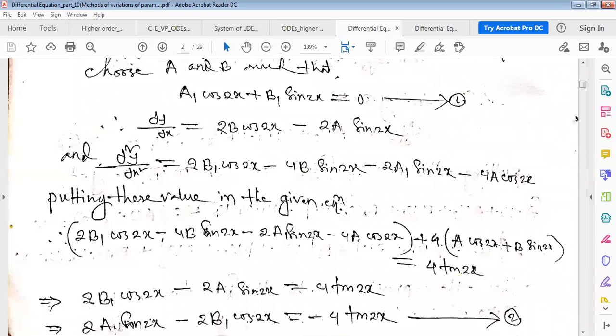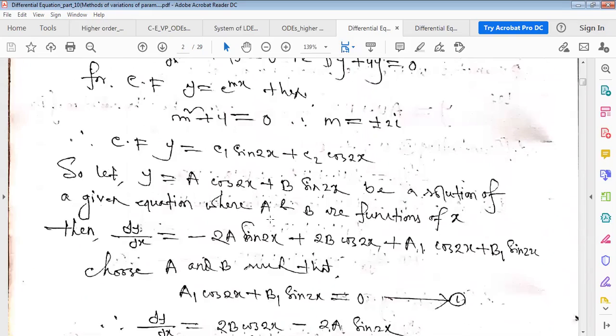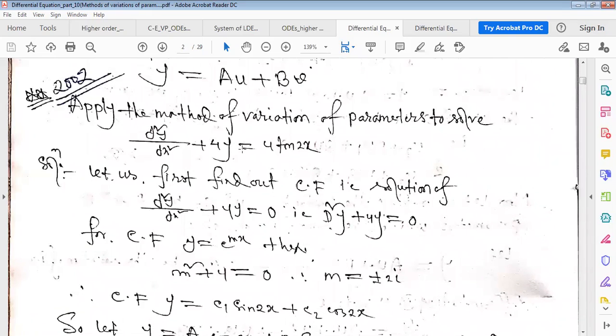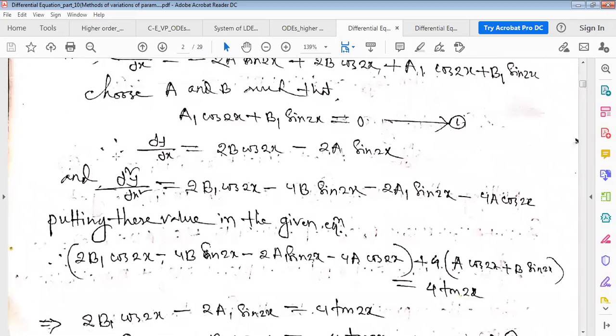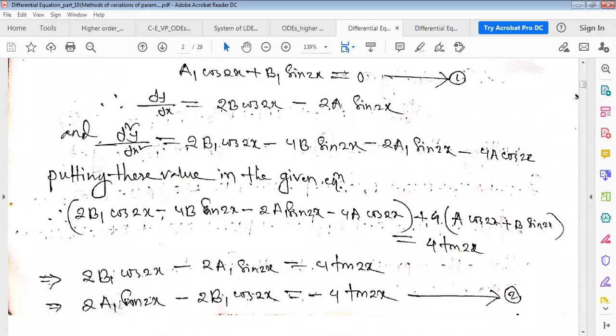Now putting the values of d square y by dx square and dy/dx in the given equation. The given equation was this. Putting the values of the second derivative in the given equation, we get the second derivative value plus 4 into y, equal to the right hand side.